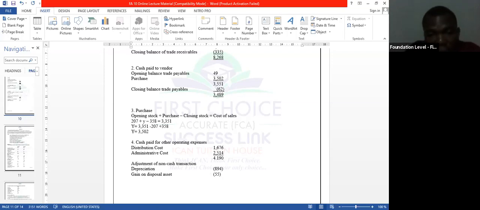So that will now be a total sum of 4,190 minus 894 minus 55. That gives us 3,241.